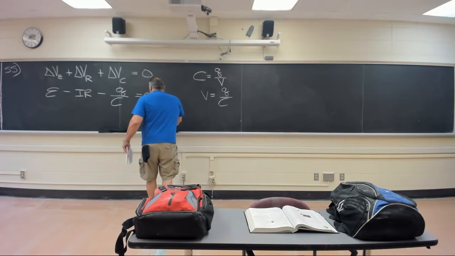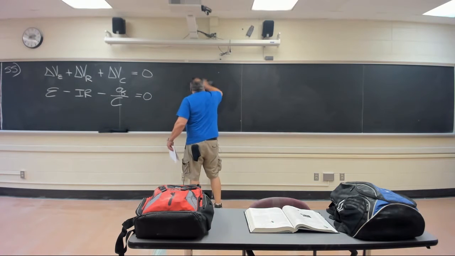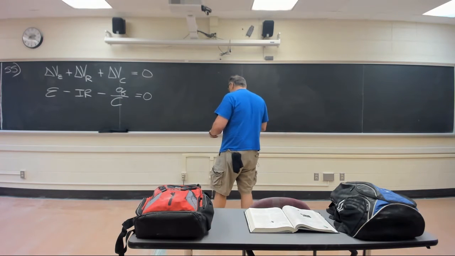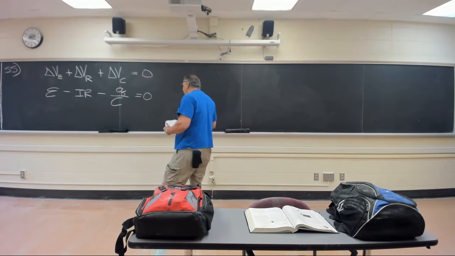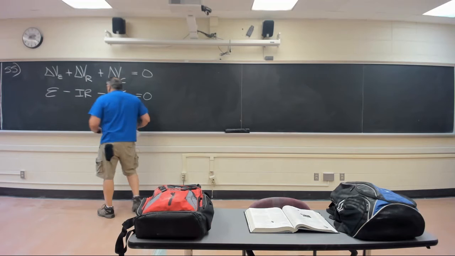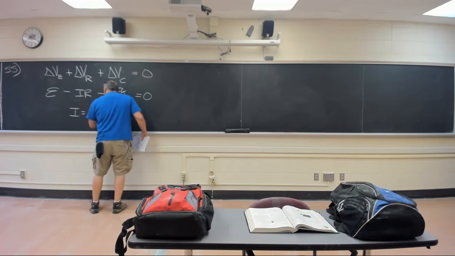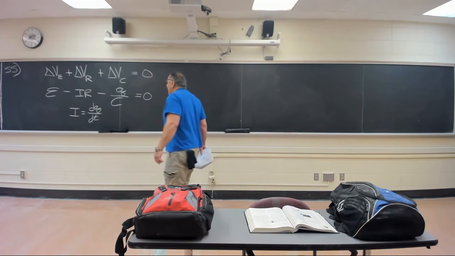All right, we said a few things. Let's keep going. Well, what do you say? I mean, you look for maybe a way out here. This is Q. Do you guys remember that I is dq dt?